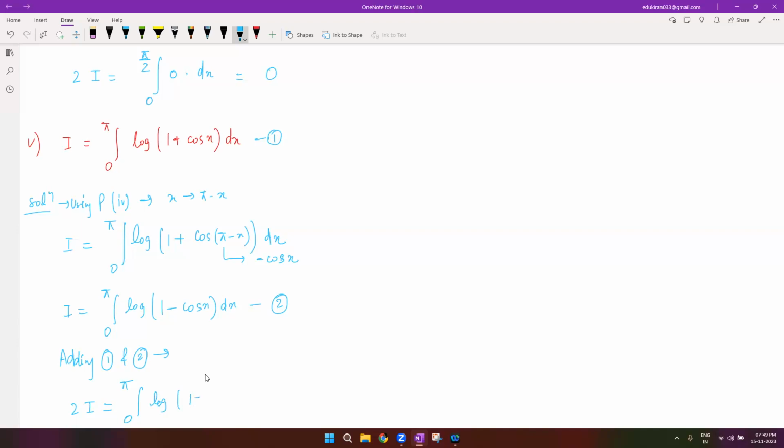So it should be log of 1 plus cos x into 1 minus cos x. Here A is 1 plus cos x, B is 1 minus cos x, AB will be 1 plus cos x into 1 minus cos x, which is A plus B, A minus B, A square minus B square. This should be 1 minus cos square x. Now what is 1 minus cos square x? Sin square x.